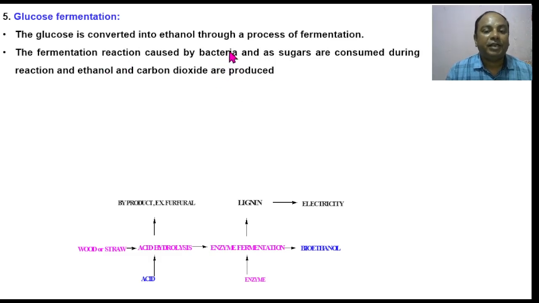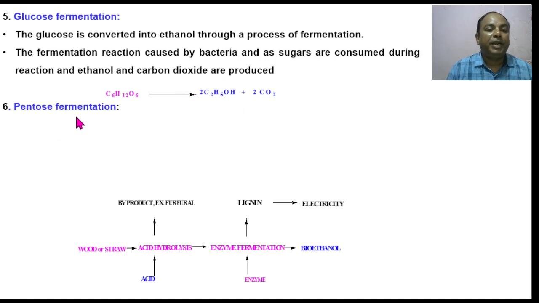That means these bacteria are very specific, which consume sugar and excrete ethanol along with carbon dioxide. So this is the chemical reaction. We can write it over here. This glucose molecule is fermented in the presence of specific bacteria. They consume it, or in other words, they eat this sugar molecule and excrete ethanol along with carbon dioxide.